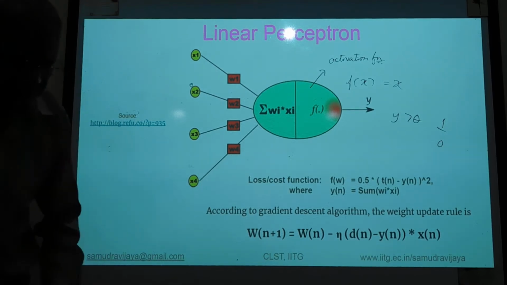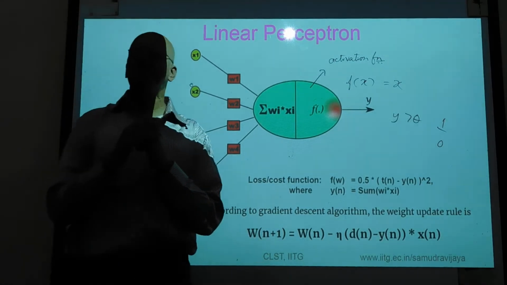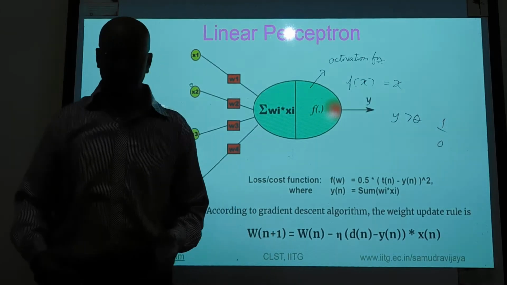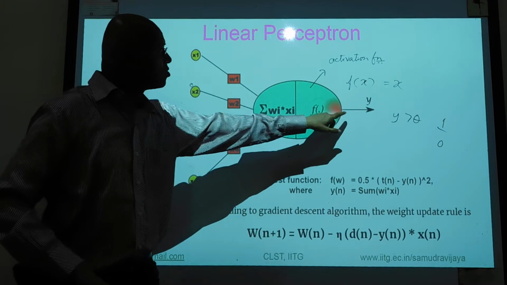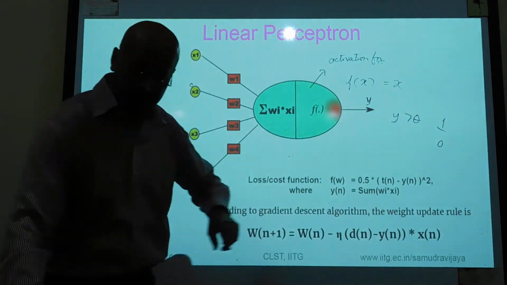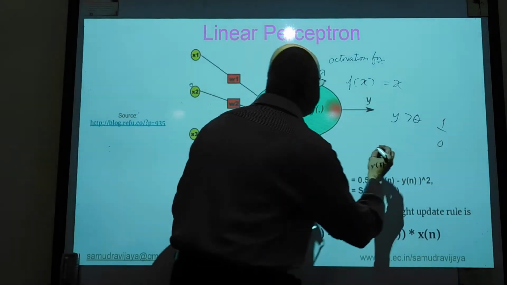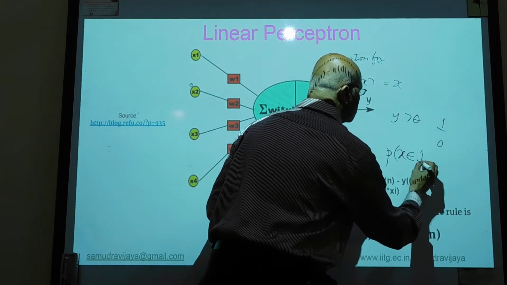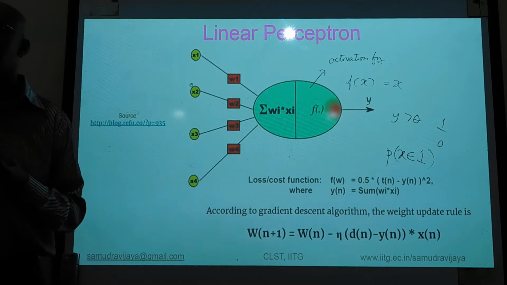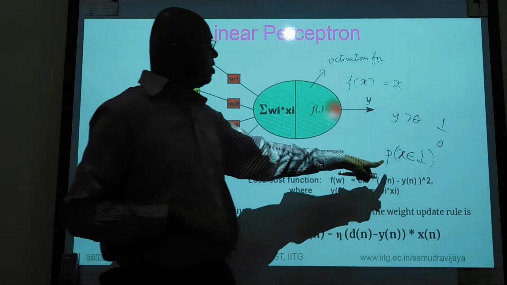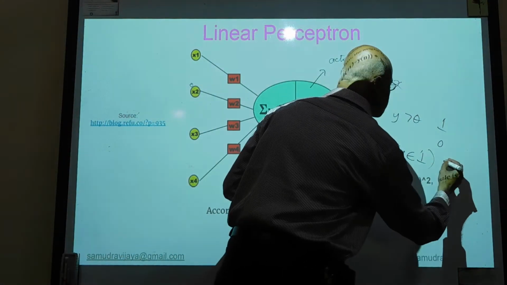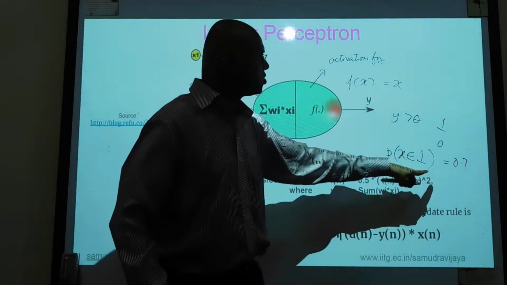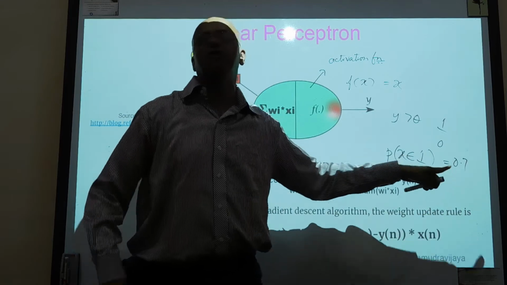When you talk about confidence level, the simplest one that comes to my mind is probability. So what we want is the probability of the x vector belonging to class 1. This is what I want. If the probability of x belonging to class 1 is, let's say, 0.7, what is the probability that it belongs to class 0? It will be 1 minus 0.7, 0.3.